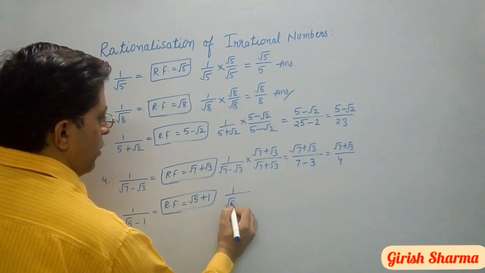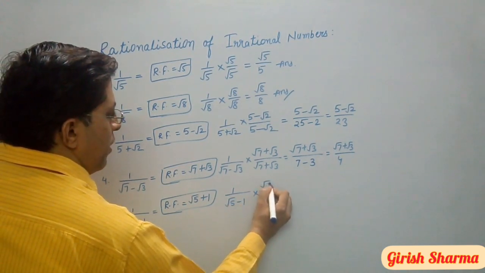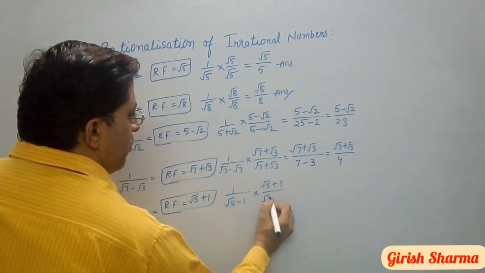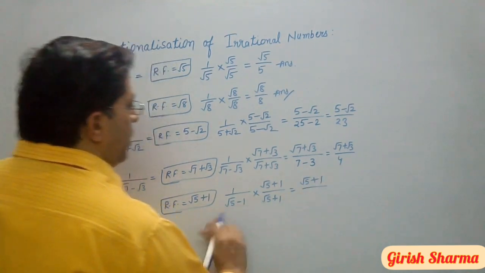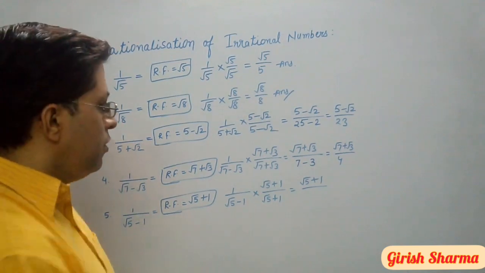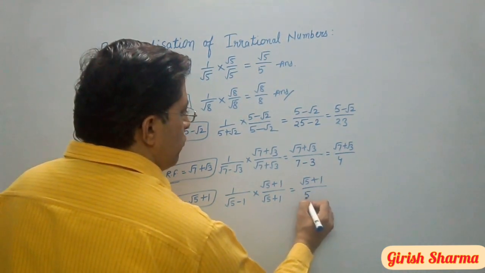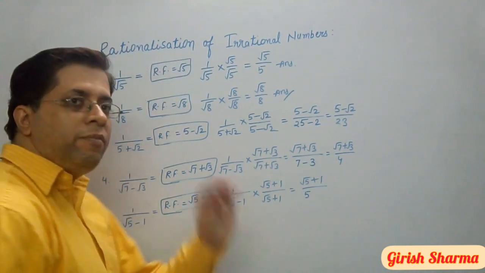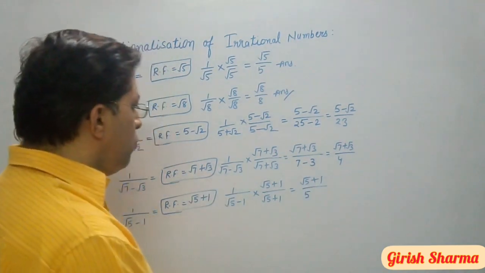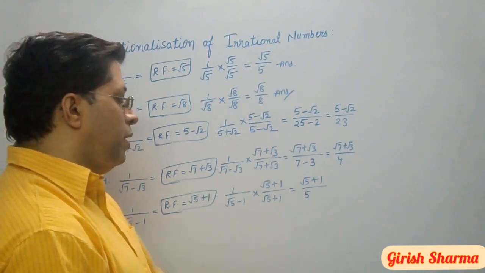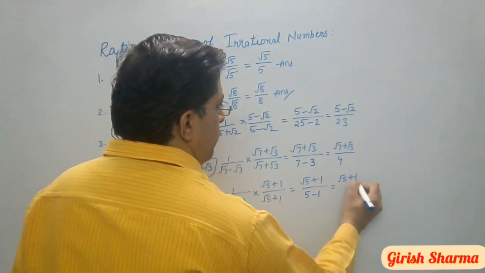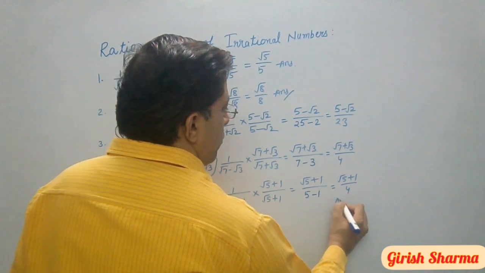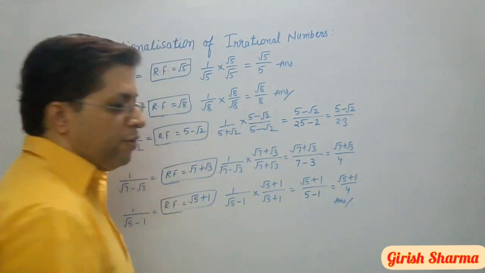Whatever you write here, multiply and divide by its rationalizing factor, numerator as it is, denominator a plus b, a minus b, again a square minus b square. Root 5 into root 5 becomes 5, and 1 into 1 is 1, with the minus sign in between. So root 5 plus 1 upon 4. This is the answer of it.